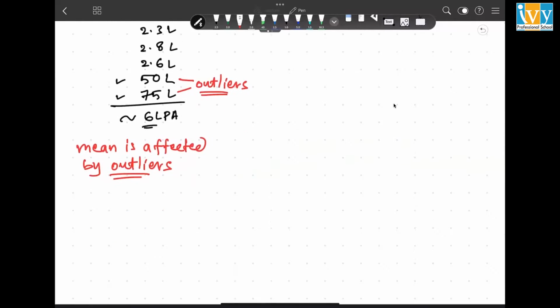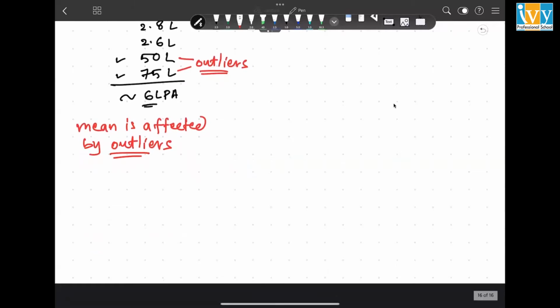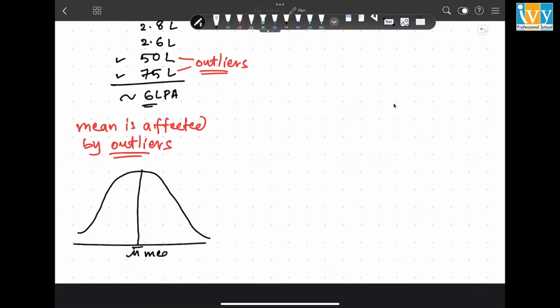Essentially, if you might have seen this curve, this is the ideal bell curve, and this is the central value, the mean value. Data is spread on the left side of the mean value and on the right-hand side of the mean value.